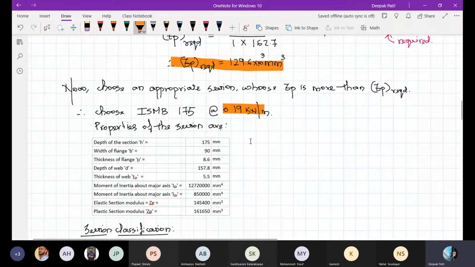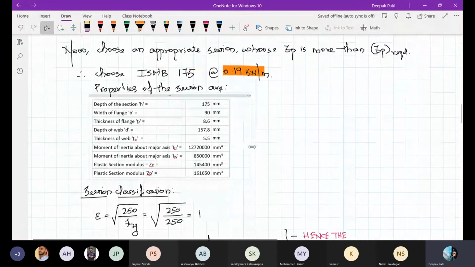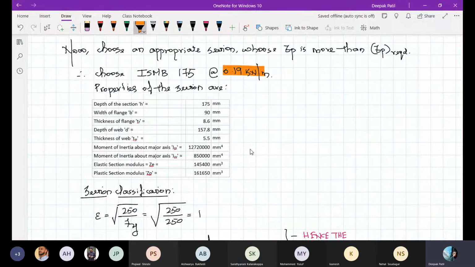It depends on you. That's why design problems do not always have unique solutions. Somebody will choose ISMB 200, somebody will choose ISMB 225 to be on a much safer side, but you have to arrive at an economical section. In this case, I have chosen section ISMB 175, and these are the properties of that beam.